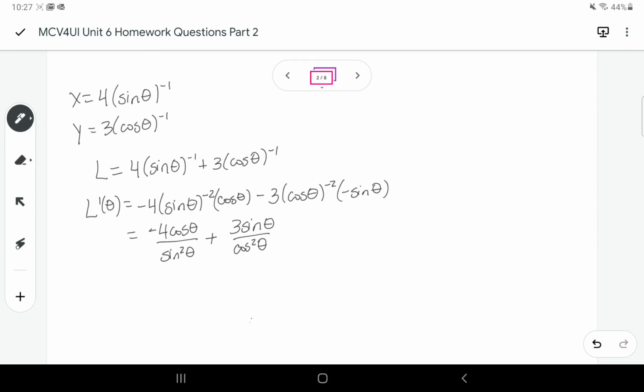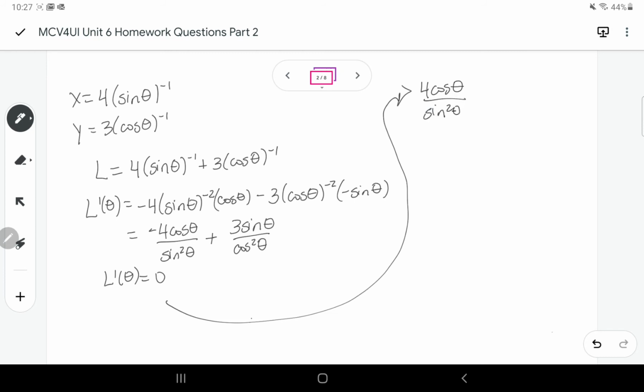And if I want to find where the derivative equals 0, I think I'm going to actually have an easier time bringing the 4 cos theta over sine squared to the other side. So I'm going to go up here, and I'm going to say that 4 cos theta over sine squared theta equals 3 sine theta over cos squared theta, and cross multiply here.